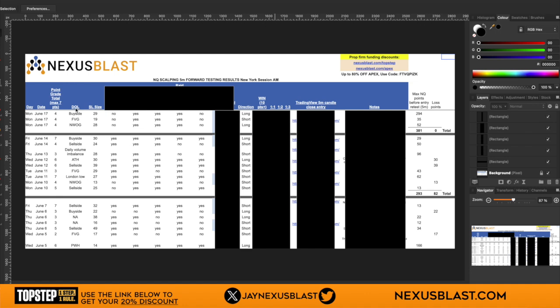We have the draw on liquidity, stop loss size. We have the time over here. We also have a mechanical indicator to basically tell you if there is a valid trade or not. And then direction, and the risk to reward. We've got a screenshot of every single trade during the session.